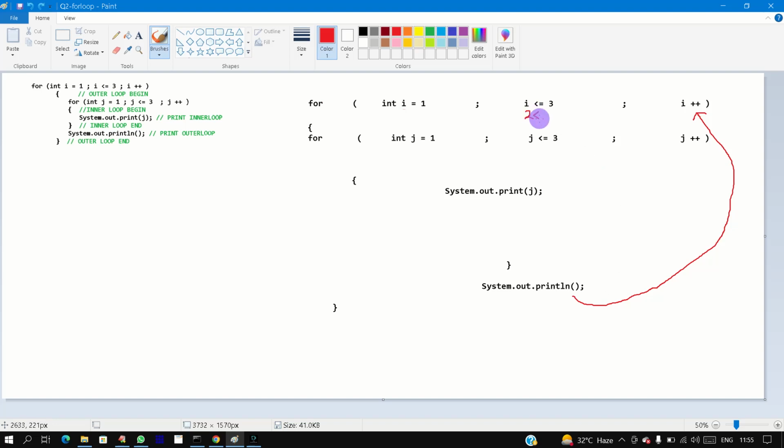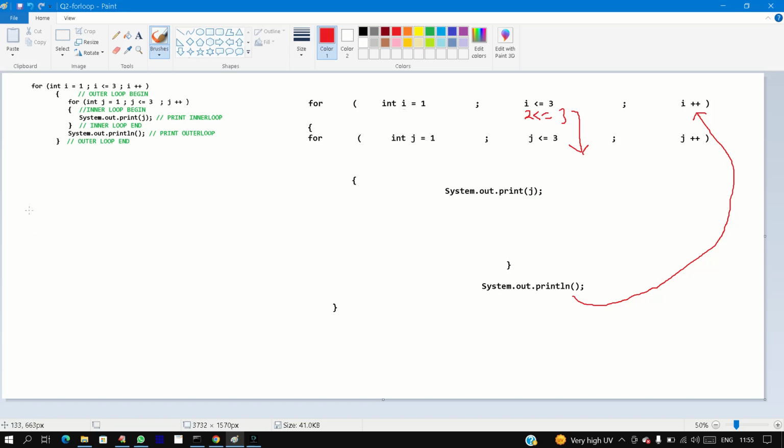Now the condition will be checked. 2 is less than or equal to 3. Yes, 2 is less than or equal to 3, so the condition is true. Then again we will be entering inside the inner loop. Fine.